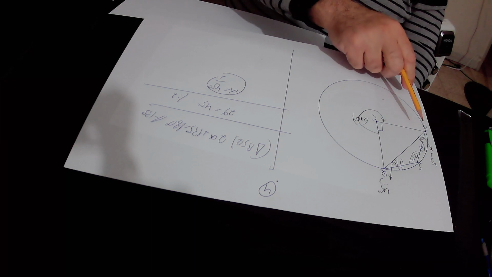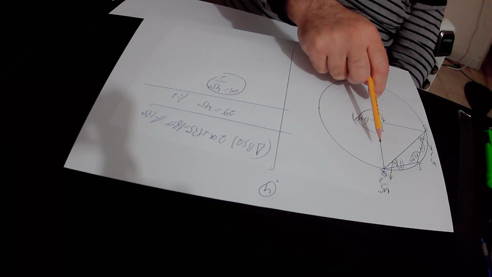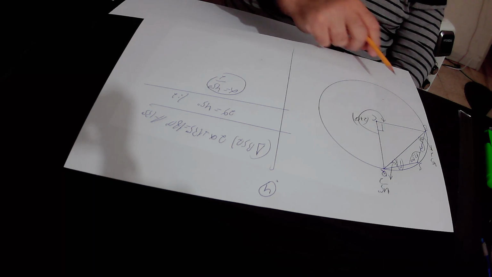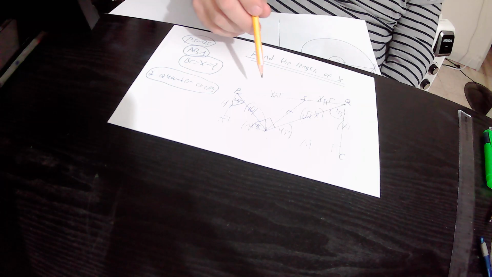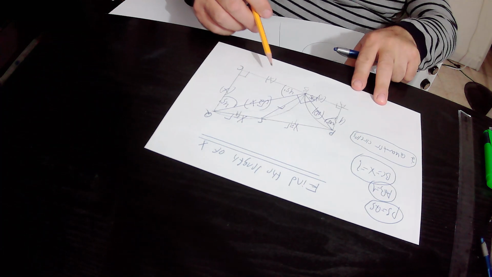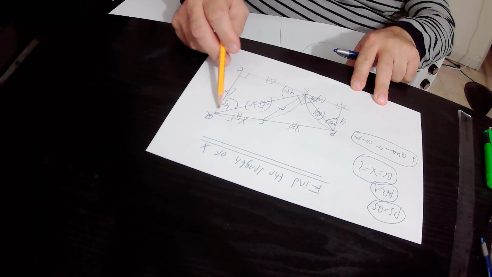So angle SQB equals 45 over 2 degrees in its size. So here we have angle SQB.